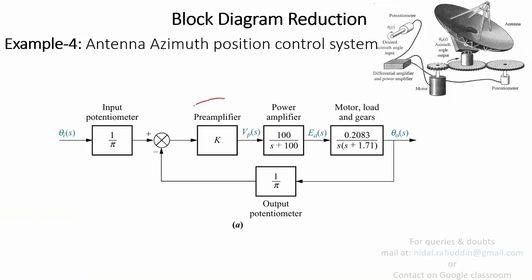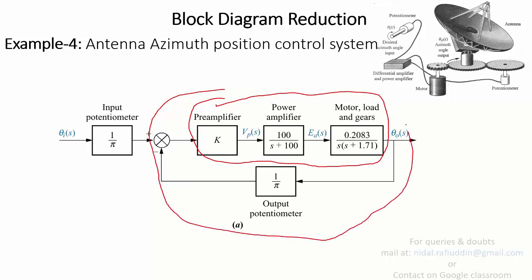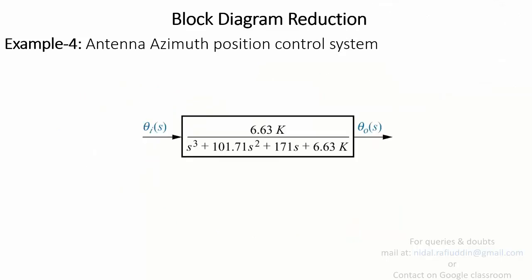You have these three gains connected in cascade, so they will be multiplied, and then you have a feedback path. Then you apply elimination on the closed loop. Finally, after obtaining the gain for this particular loop, you will multiply it by the gain of the input potentiometer in order to obtain the final transfer function, given as follows.